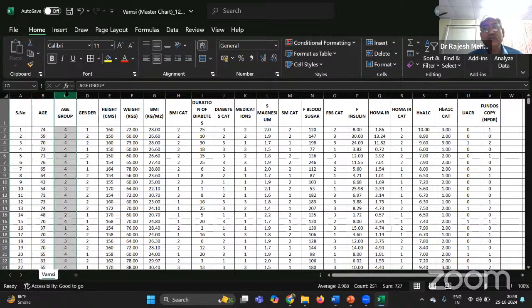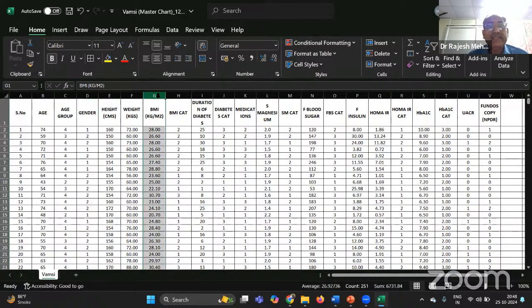Now this is the age group. Remember, whenever possible, avoid grouping the data unless it is required, because the mean of age is more important than comparing tables by age group. Suppose gender versus age group; instead of that, mean age versus gender will be much better.